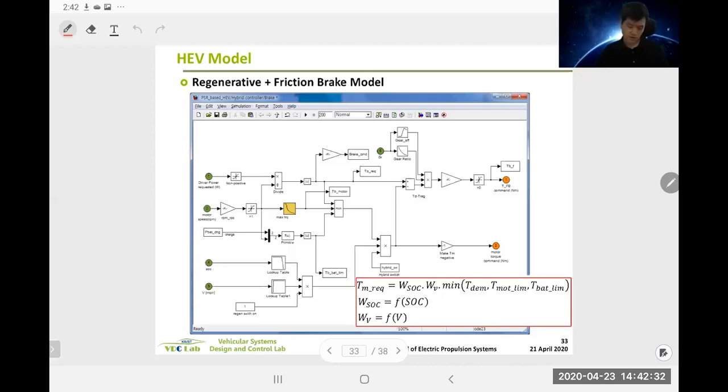So what's going on here is, this is a driver power demand, which is negative. And we want to determine how much motor torque should be applied and how much friction torque should be applied. By the way, this one is before transmission, but this one is at the wheel. Okay?